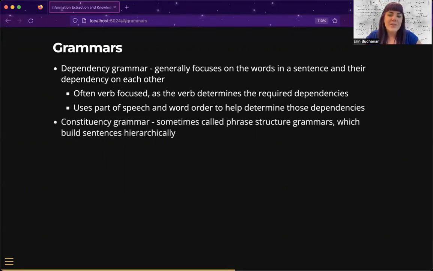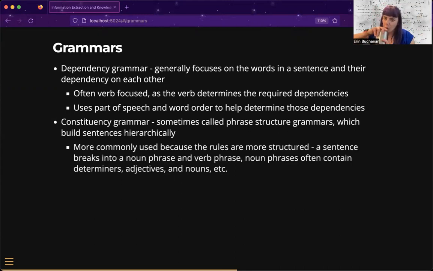Constituency grammar is kind of the old school way of parsing sentences, but can still be very useful at understanding ambiguity and complexity of sentences, and can also be used to help build sentences, like in a chatbot. Sometimes these are called phrase structure grammars, and they build them hierarchically. For a long time it was more commonly used because the rules are very structured. Sentences break into noun phrases and verb phrases.